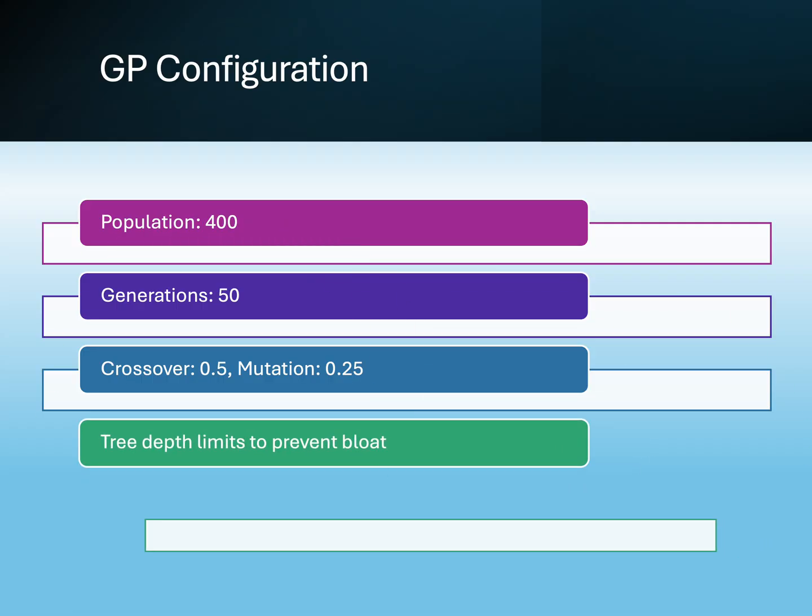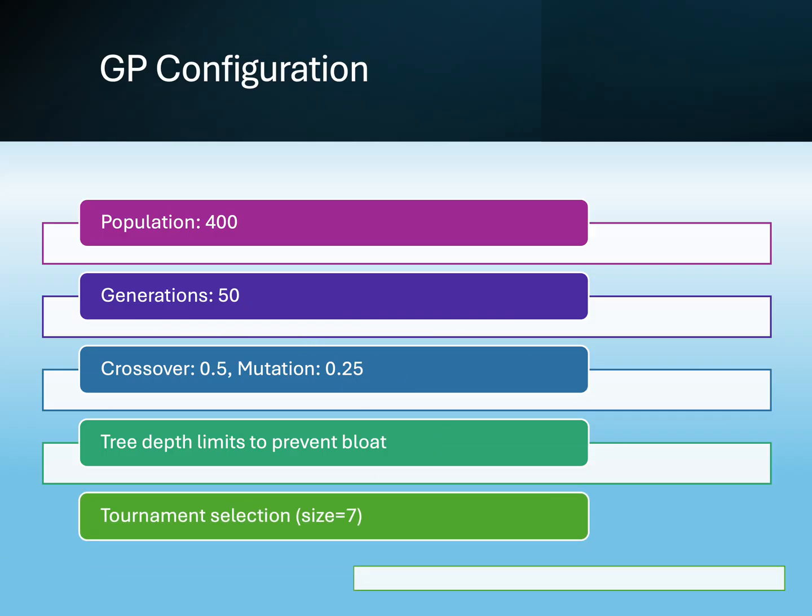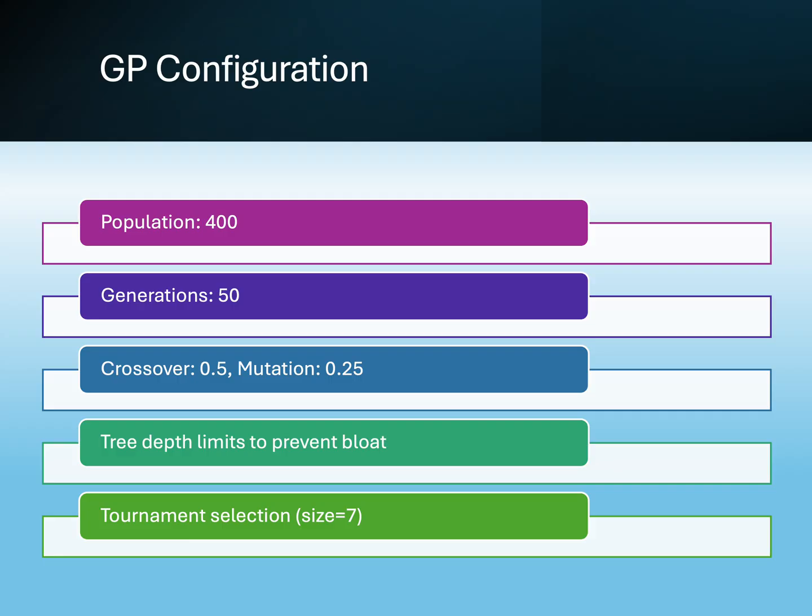To prevent the GP from creating overly large expressions, I limited the maximum tree height to 14 and used a parsimony penalty so that smaller models are preferred when accuracy is similar. The fitness function was defined as 1 minus accuracy, meaning the lower fitness is better. So all of these settings were tuned to balance exploration, performance, and explainability.